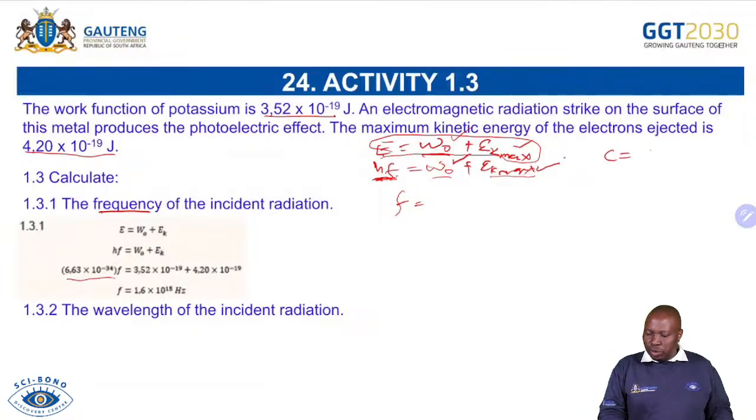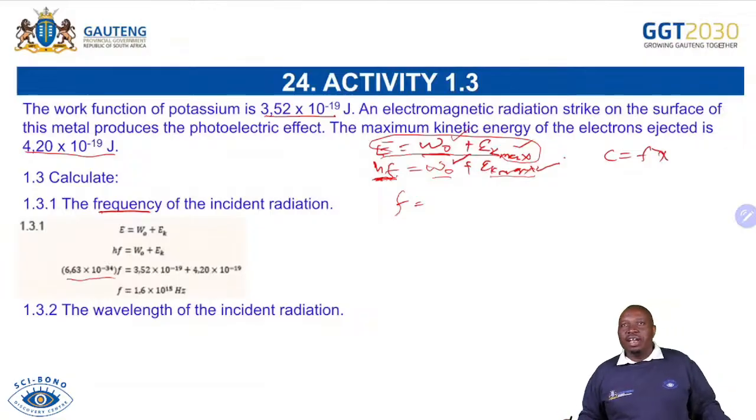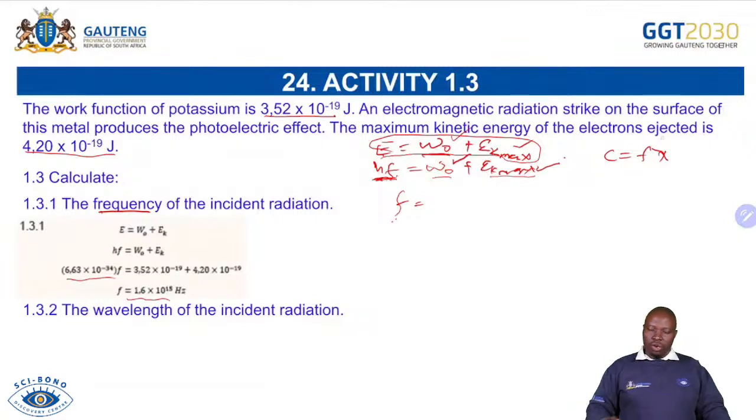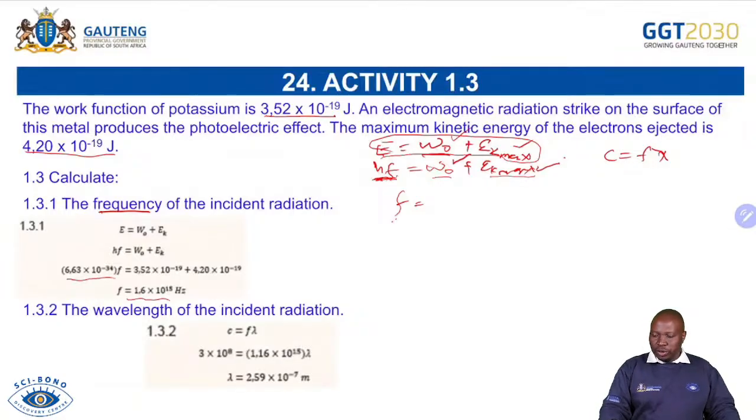You were able to calculate frequency here as 1,6 times 10 to the power of 15. Then it becomes easier for you to say this is what I'm going to do, and without any waste of time, you are able to use c equals f lambda and calculate your lambda, which is your wavelength.